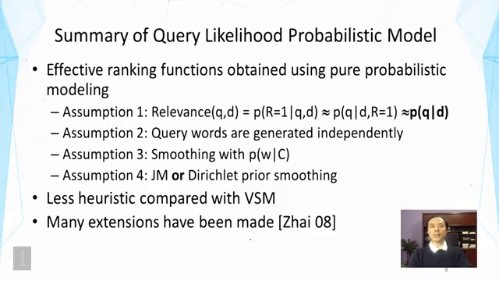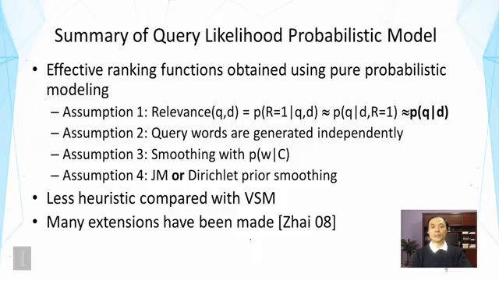And let's recall what assumptions we have made in order to derive the functions that we have seen in this lecture. Well, we basically have made 4 assumptions that I listed here. The first assumption is that the relevance can be modeled by the query likelihood. And the second assumption we've made is query words are generated independently. That allows us to decompose the probability of the whole query into a product of probabilities of all the words in the query.